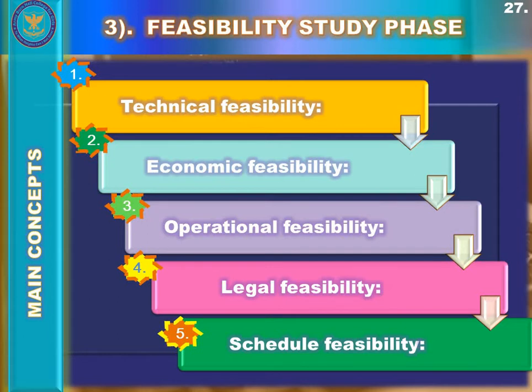He would also check whether the current system or current software of the customer's organization can support the developed or upgraded software, whether the current system will be able to handle and run the new software, the newly built software. So this assessment focuses on the technical resources available to the organization.